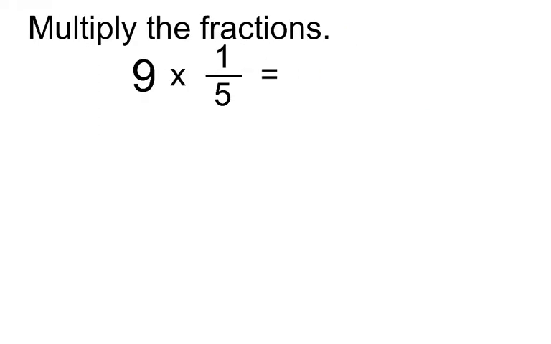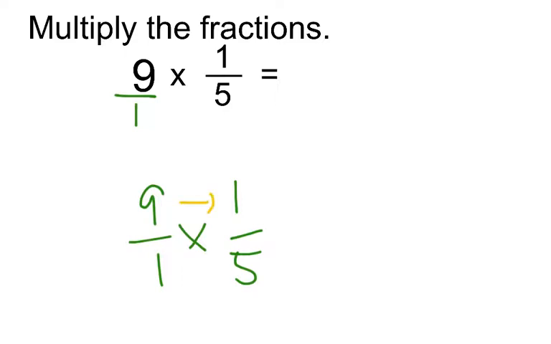Now let's look at multiplication using a standard algorithm. Now when I have a whole number times a fraction, I can turn the whole number or a mixed number into a fraction. If it's a whole number, I just put it over 1. So that gives me 9/1 times 1/5. And we can just multiply 9 times 1 and 1 times 5, which would give me 9/5.